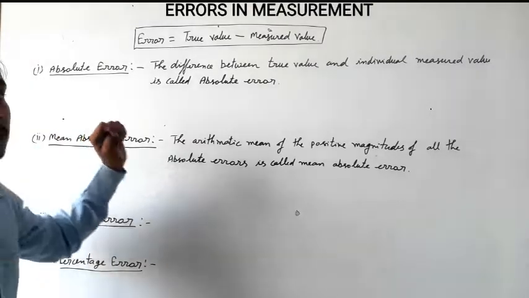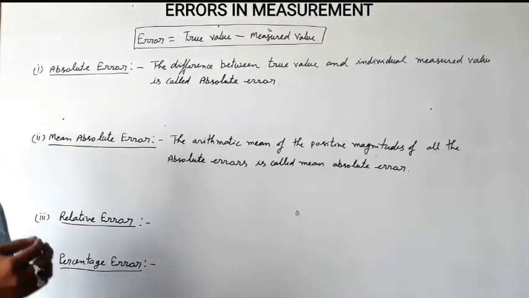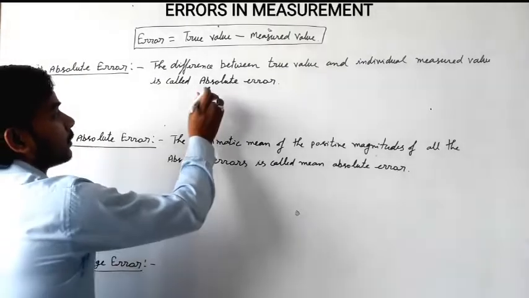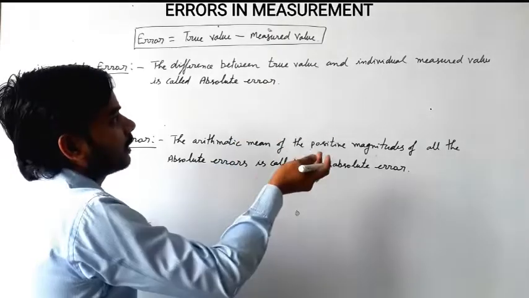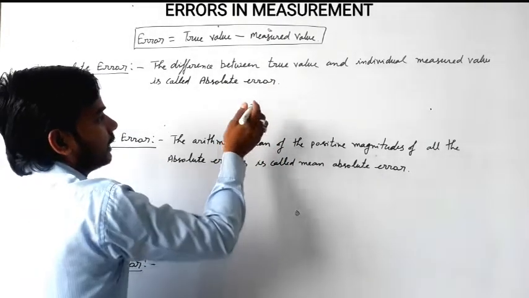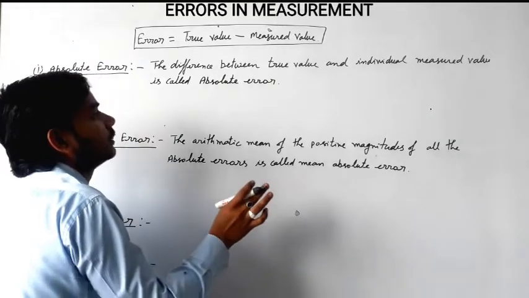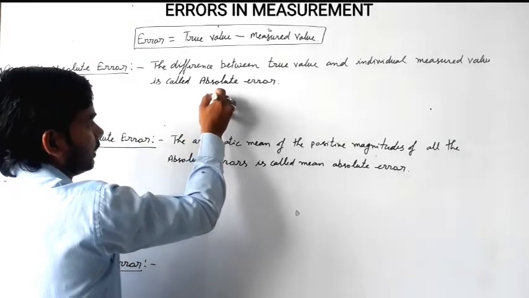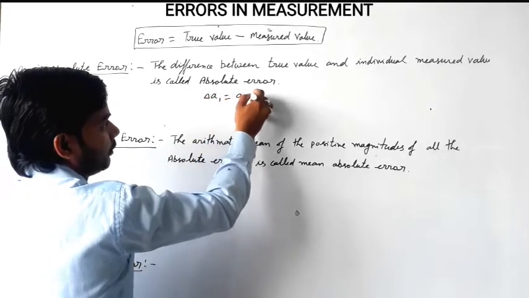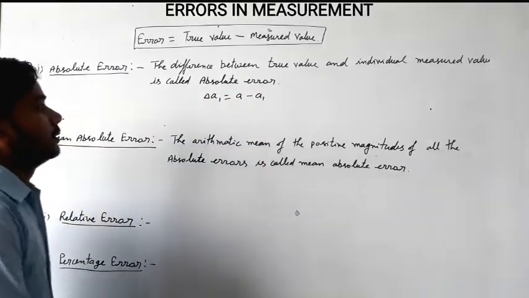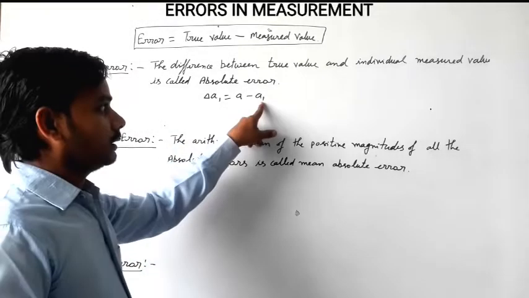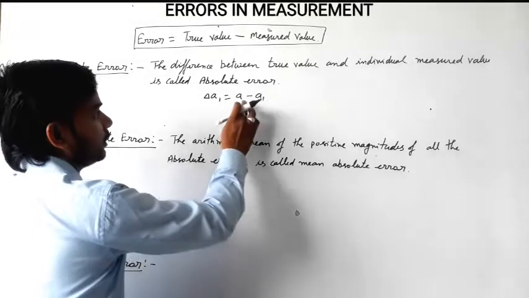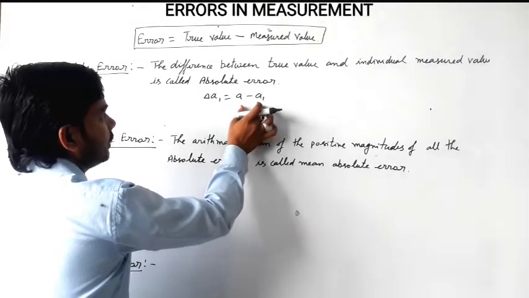So what is absolute error? Absolute error is the difference of true value and measured value. Suppose there are many measured values like a1, a2, a3, a4 and so on. Then the absolute error, delta A1 equals A minus A1, because A1 is a measured value and A is the true value, so the difference of measured value and true value is called absolute error.